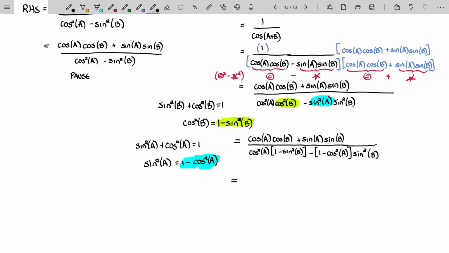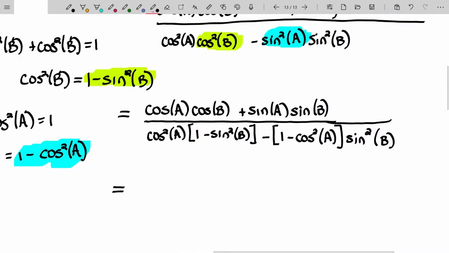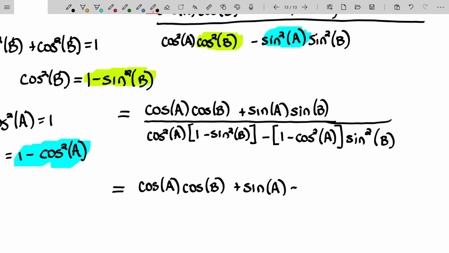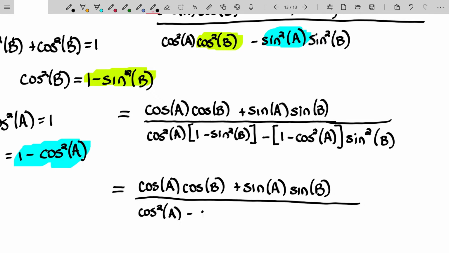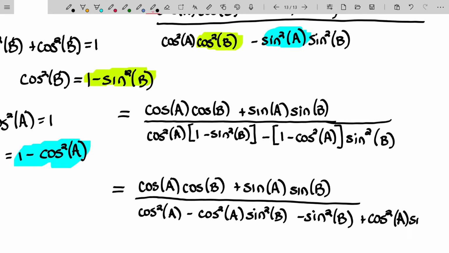We're so close now, because if you simplify this, you'll get the cosine of a, cosine of b, plus sine of a, sine of b, that's the numerator of the other fraction, so we're okay there, being divided by, now I'm going to distribute, this will be cosine squared of a minus cosine squared of a sine squared of b. Let's see, minus 1 times a sine squared of b, minus sine squared of b, and a minus 1 times a negative, or plus, cosine squared of a sine squared of b.